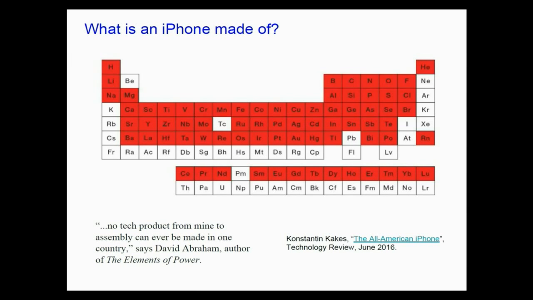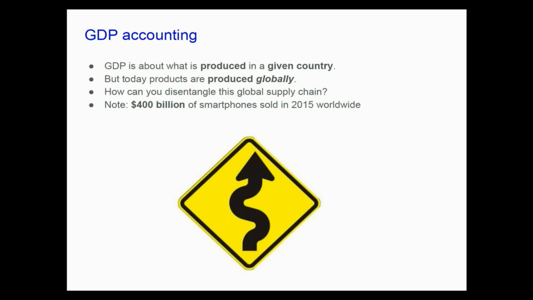And so by construction, it has to be a global product to get all of the different materials that you need to create an iPhone, or for that matter, any mobile phone. So GDP is about what's produced in a given country, but today the locus of production is far from obvious in many cases. And how do you disentangle the global supply chain?